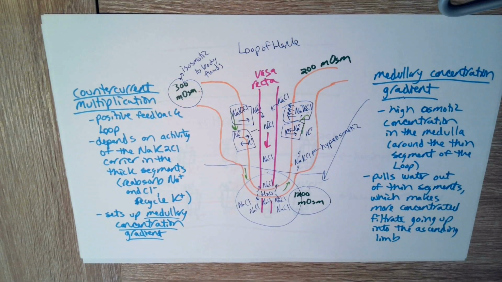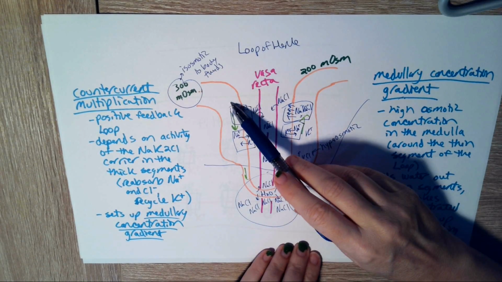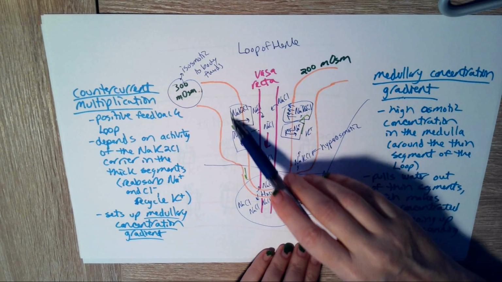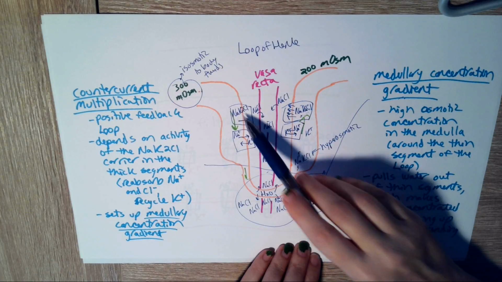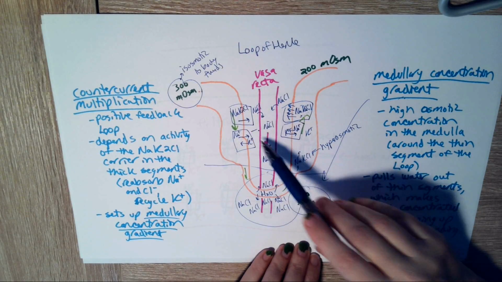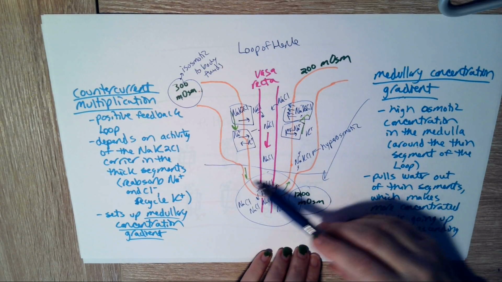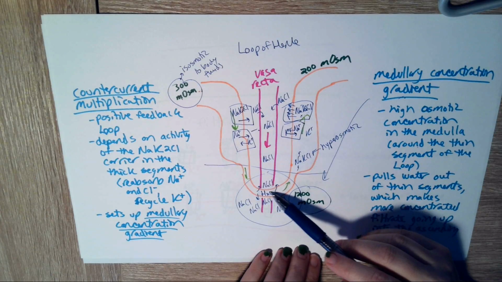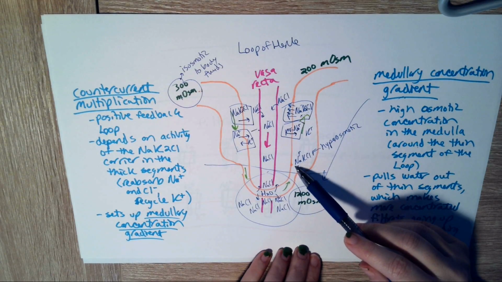So if you think of it, now that you know all the little bits and pieces, you have a normally concentrated filtrate, the same osmolarity as your normal body fluids, going down here. You're pulling water out of it, and it gets super, super salty down here, making a very hyperosmotic, very concentrated filtrate as it goes up here.